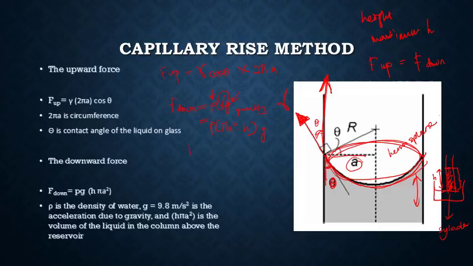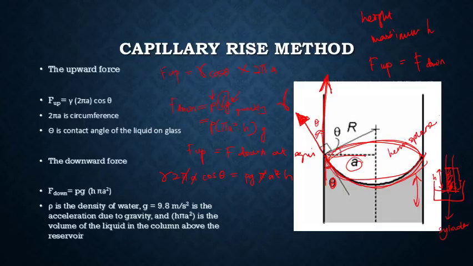So the force upward is equal to the force downward at equilibrium. In that case it will be gamma 2 pi a cos theta equals rho g pi a squared h. Alright, so just cross out the pi and cross out one factor of the radius.